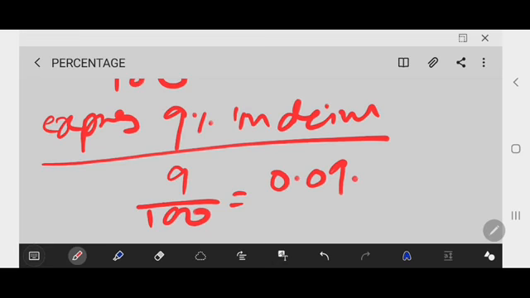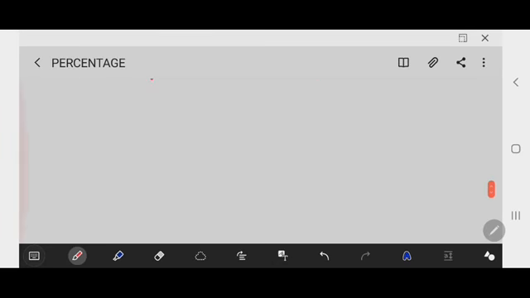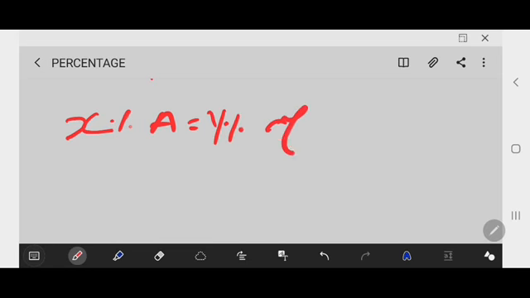The next question: we'll go for some fast track tricks. In every exam they will ask a question like, x percent of a is equal to y percent of b, then z percent of a equals what?